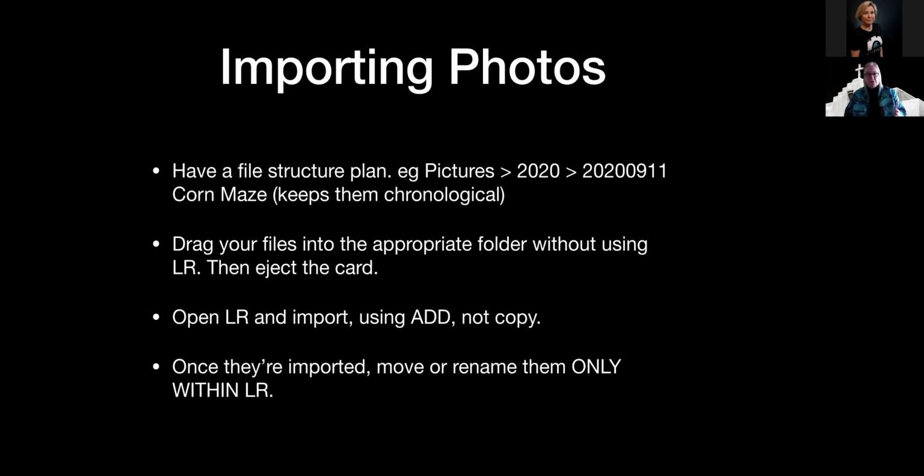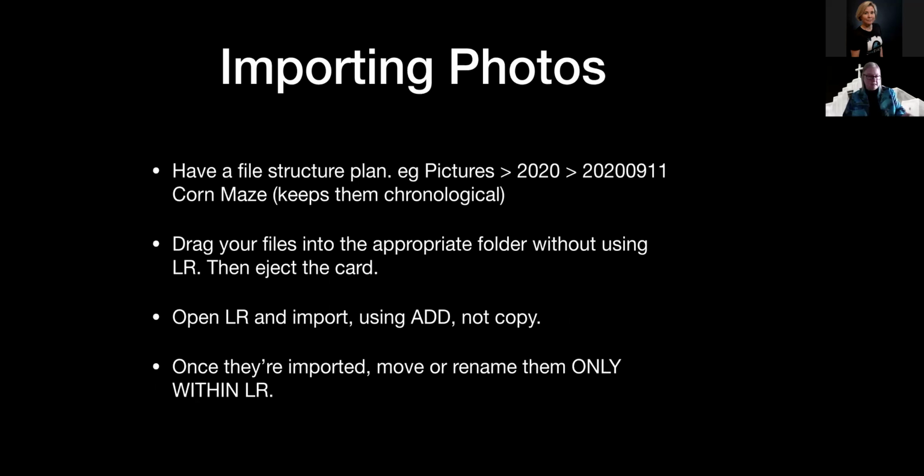So I make a folder for each year inside that pictures folder. I have a 2020 folder, and then inside that folder, I put a folder for each shoot I do. And I title that folder by year, month, date. So 2020, 09, 11 would be my general beginning name of the folder, and then I'll put the event.